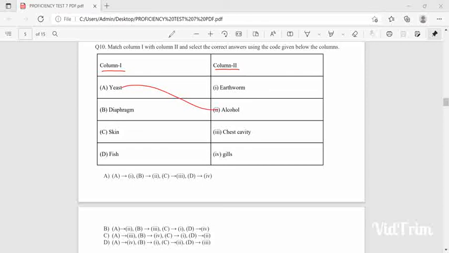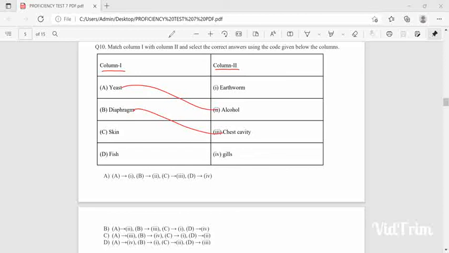Next, diaphragm will be matched with chest cavity, because the diaphragm increases or decreases the volume of the chest cavity during inhalation or exhalation. During inhalation or exhalation, the chest cavity increases or decreases in volume because of the movement of the diaphragm.